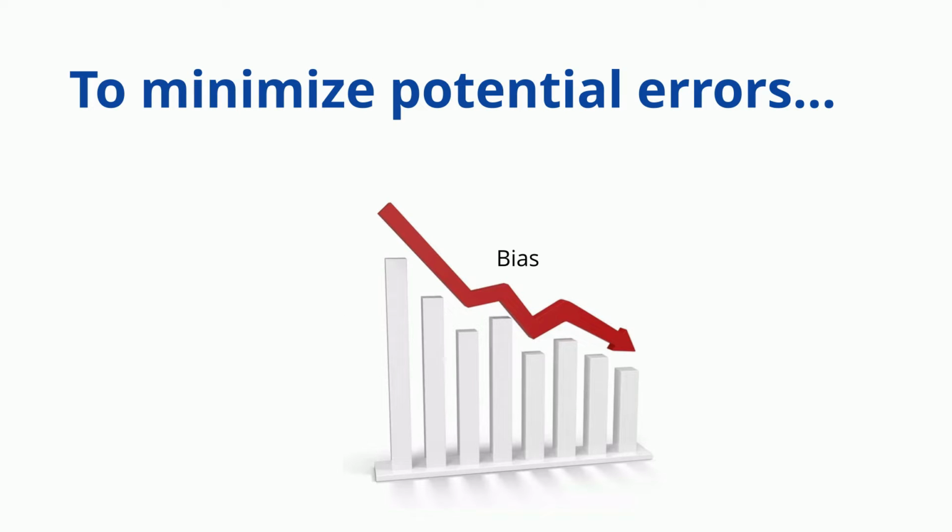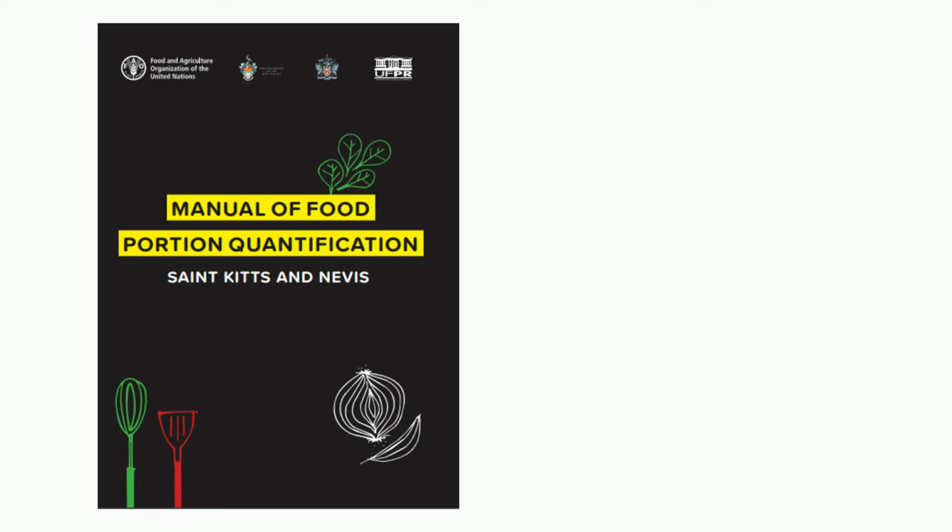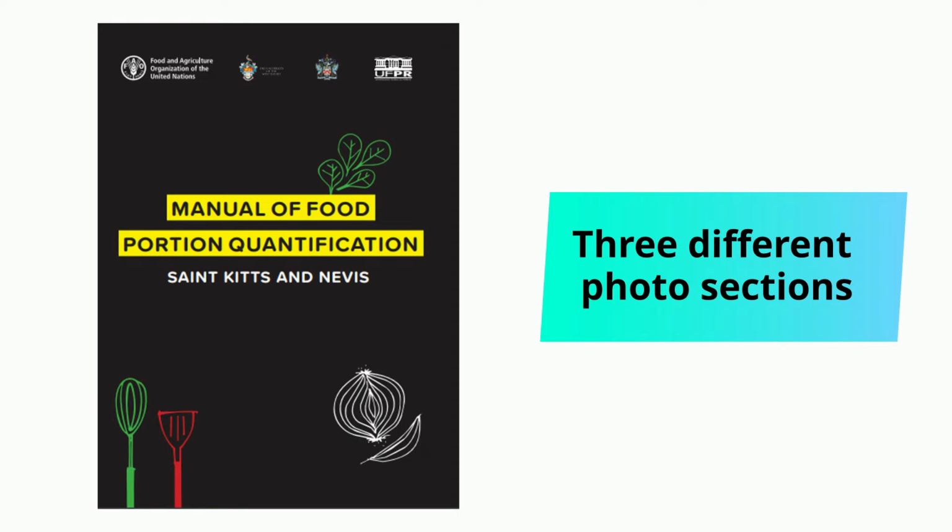To minimize potential errors when estimating food portion sizes, visual resources such as the Manual of Food Portion Quantification have been developed to help estimate the food consumption. The St. Kitts and Nevis Manual of Food Portion Quantification contains 3 different photo sections.